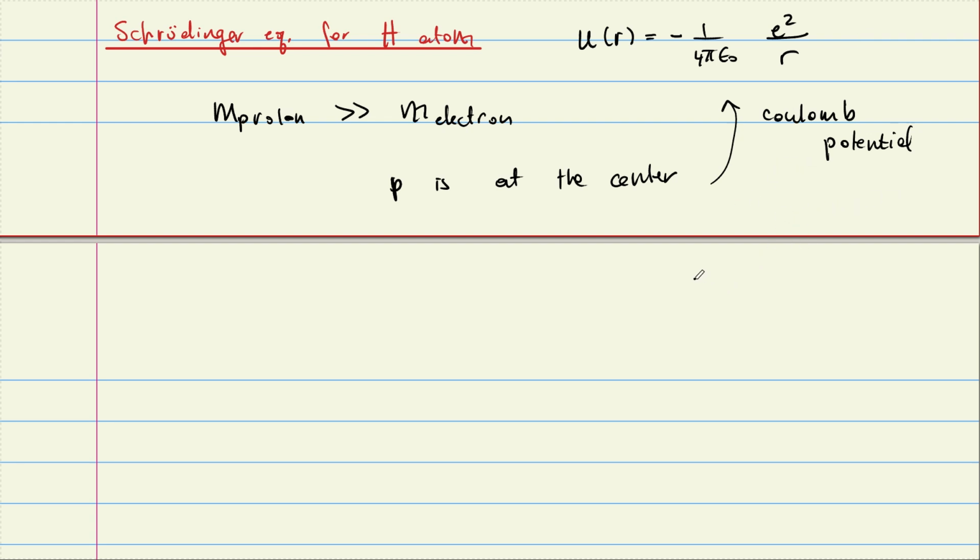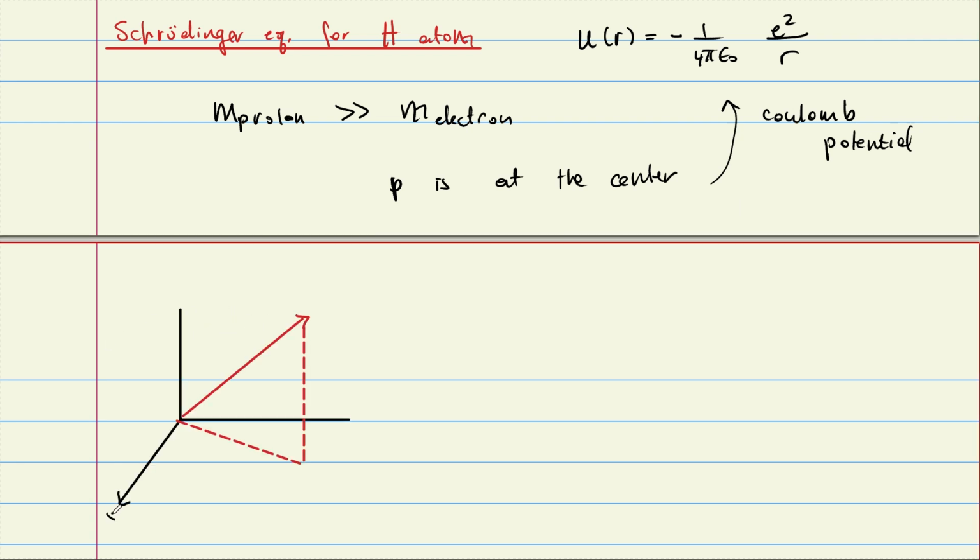Then let's think about the radial coordinates. So these are the so-called Cartesian components, x, y, and z, and there's r, which is the length of this red vector.